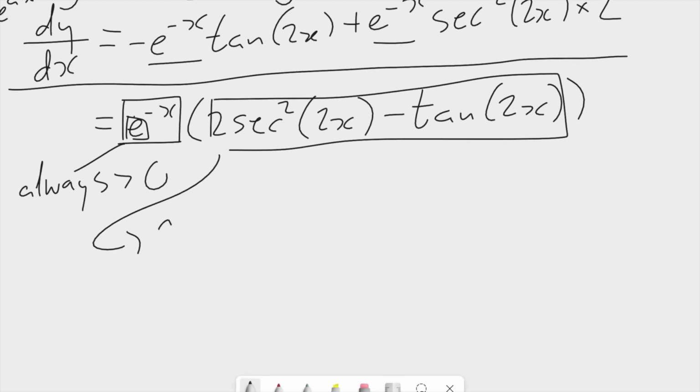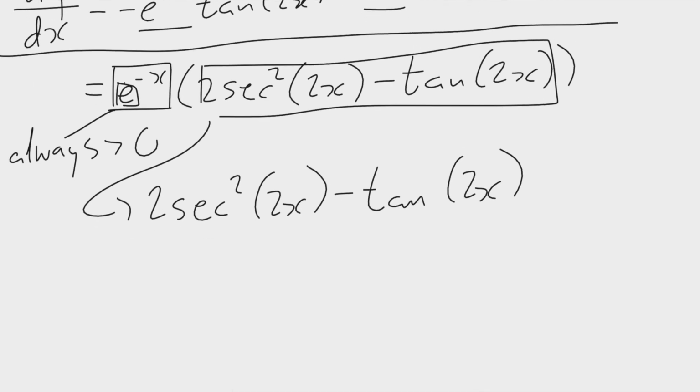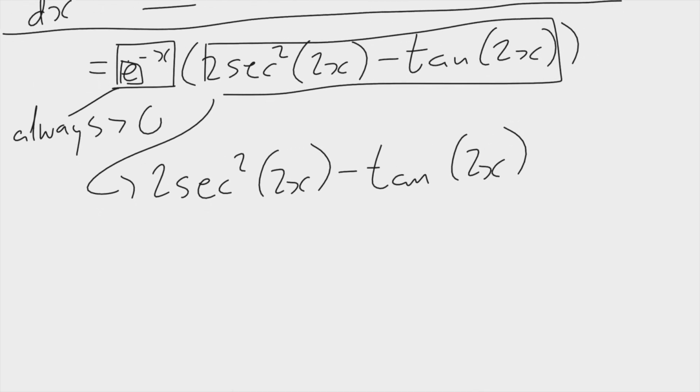So we have 2 sec squared 2x minus tan of 2x. Now, in this current form, you can probably do some things with it because there is the relationship between sec and tan.